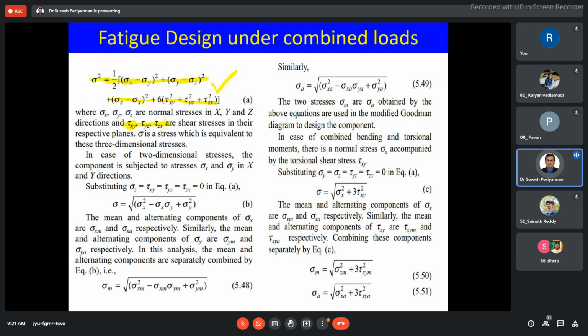But we restrict our discussion to the two-dimensional, biaxial stress case. Then we assume that sigma z, tau xz and tau yz are going to be 0.